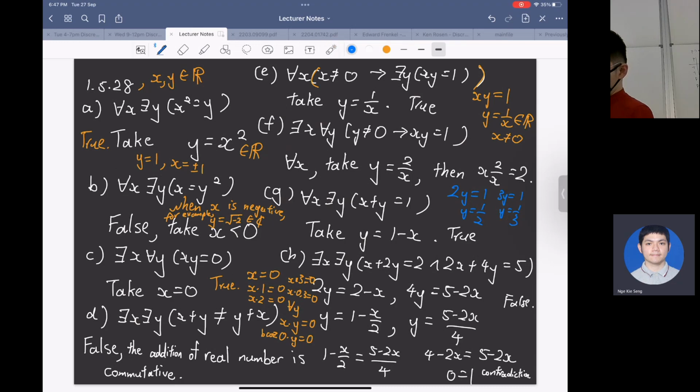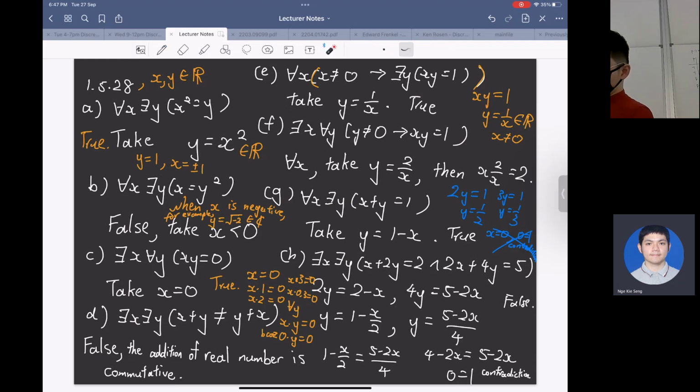Let's say we try x equal to 0. Then I get 0 equal to 1, which is a contradiction, because 0 is not equal to 1. So this is not the case.